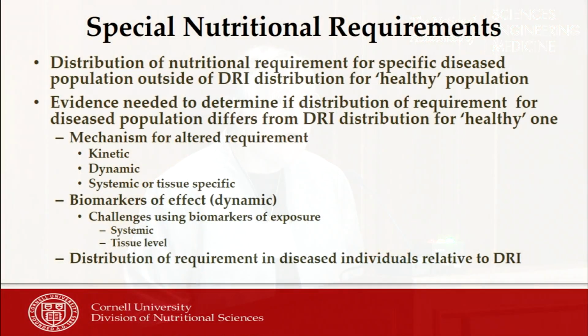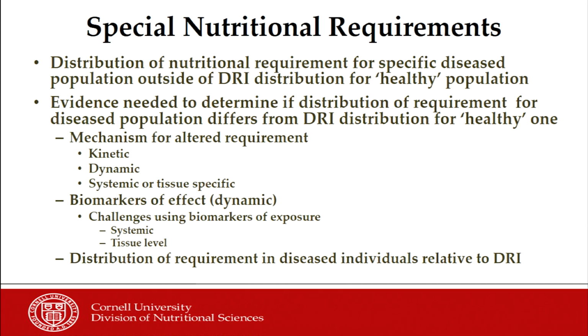And I'm going to be so bold as to propose that this is a distribution of nutritional requirements for a specific diseased population outside of the DRI distribution for healthy populations. The evidence needed to determine if the distribution of requirement for a diseased population differs from that for generally healthy populations is going to be discussed at length.